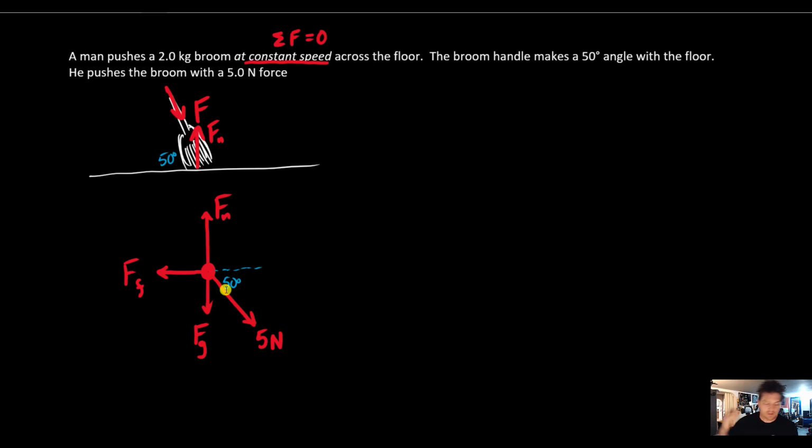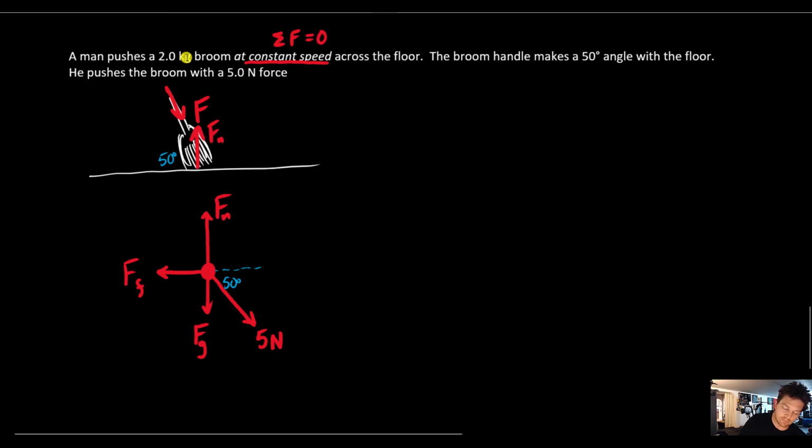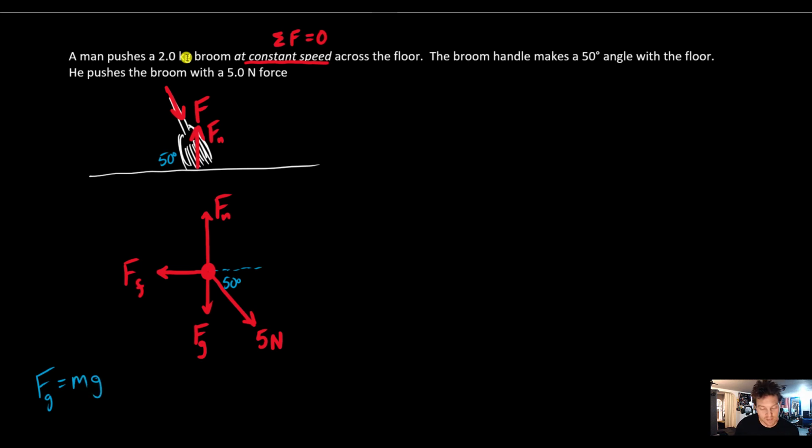So think about the things that we can put on here right now. I know the broom has a mass of 2 kilograms. I remember that the equation for force of gravity is mass times g, and g on Earth is 9.8. So 2 times 9.8 would give me a force of gravity of 19.6 newtons.